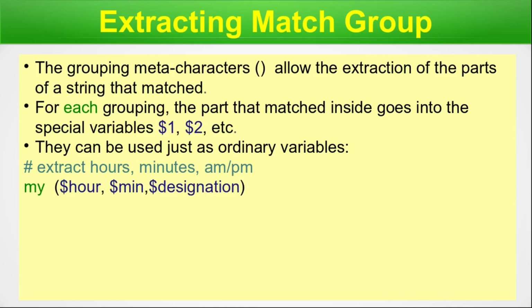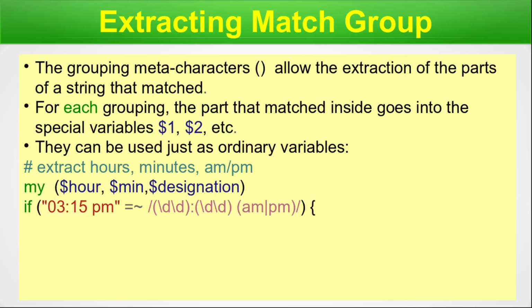So we have my $hour, $minute and $designation. On the left hand side of the equal to tilde, we have 03:15 PM. On the right hand side, how we are matching is slash, then within the first bracket we have \d\d, two digits. So we are using meta symbols here for matching. Next, for the minutes we also have \d\d, but that is covered in another pair of brackets.